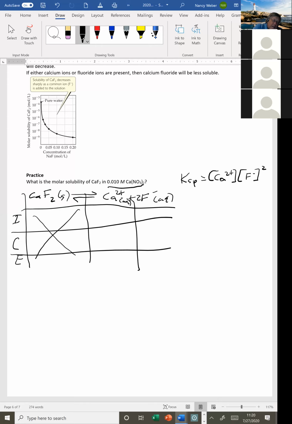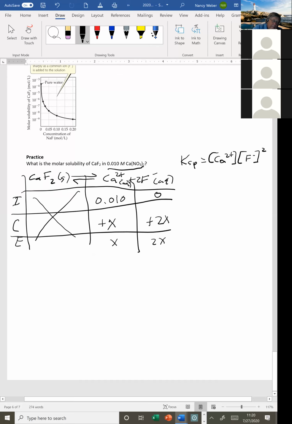Now at the beginning, there's no extra fluoride ion, but there is some calcium ion at the beginning. There's 0.010 molar. So we're going to have plus X, plus 2X. Okay.